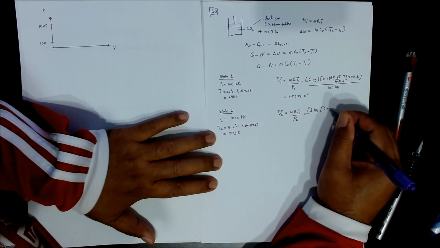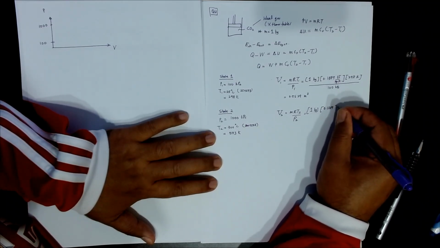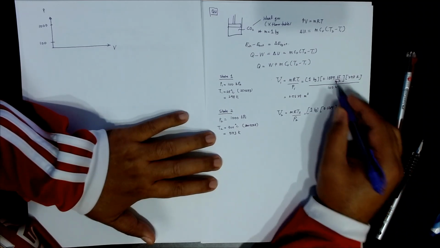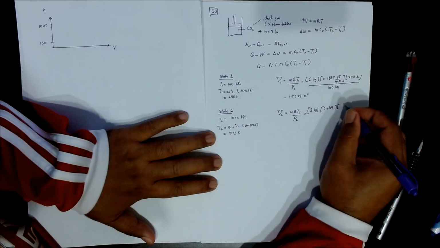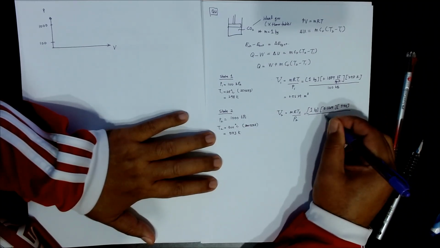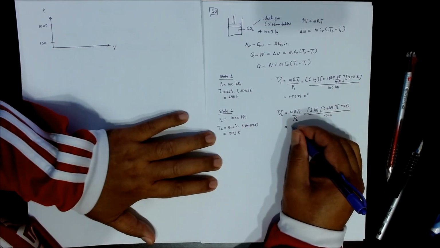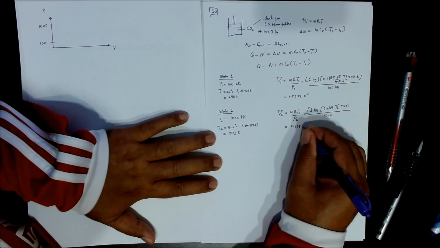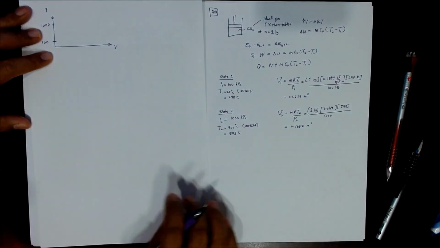R is 0.1889, and I won't repeat the units, assuming you are familiar. 573 over 1000, so we get the value of 0.1082 meter cubed.